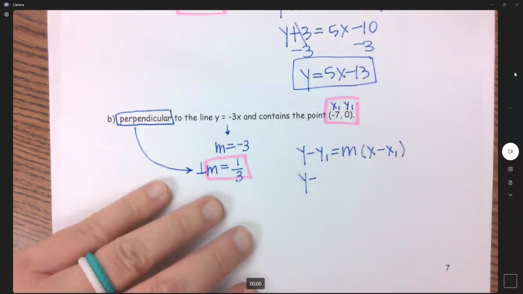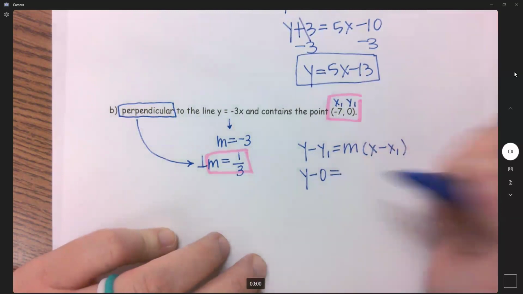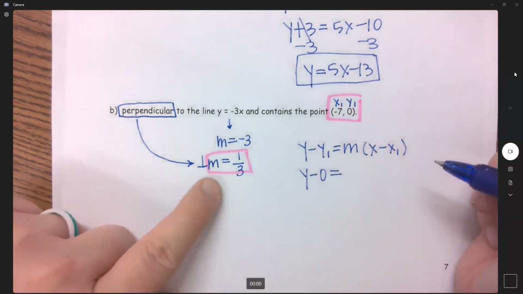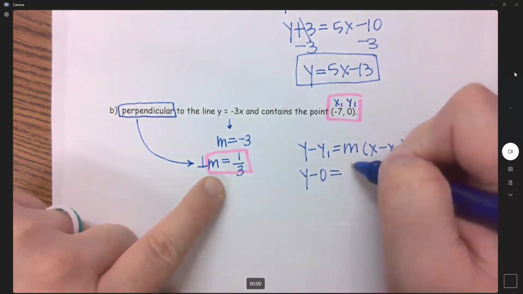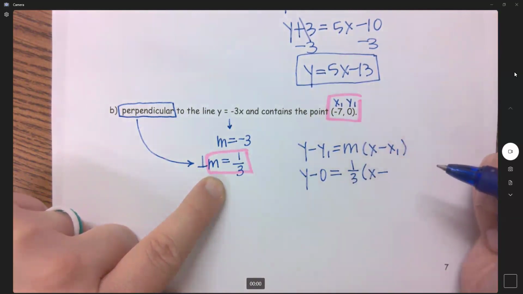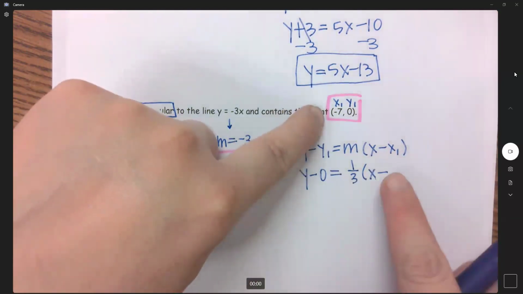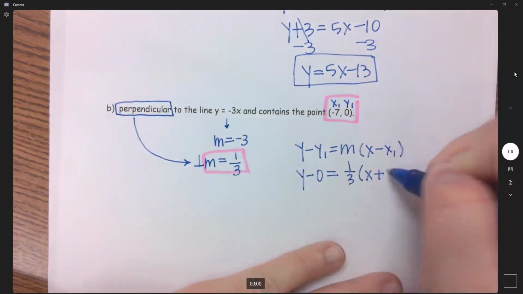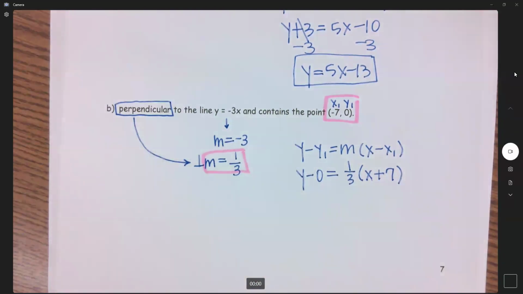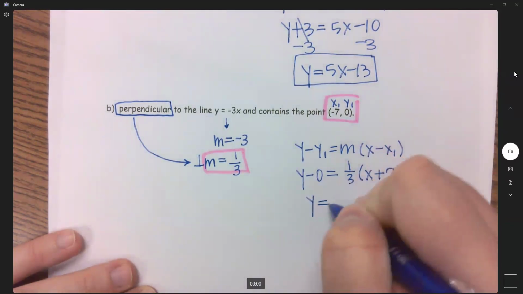So we get y minus my y1, which is 0. My m is my new perpendicular slope, which is 1/3. And then we get x minus x1, which is a -7. So minus a negative becomes a +7. Now y minus nothing is simply y.